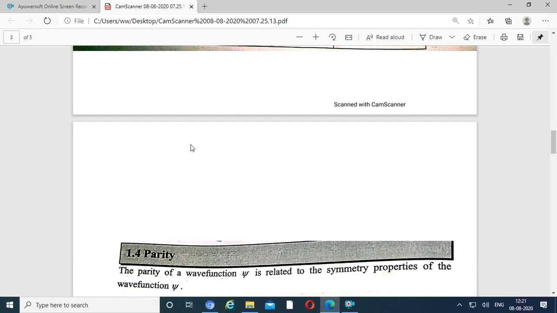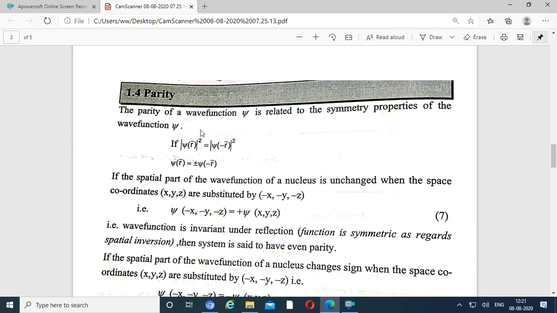Now I come to the next property of the nucleus, that is parity. The parity of a wave function psi is related to the symmetry properties of the wave function psi.